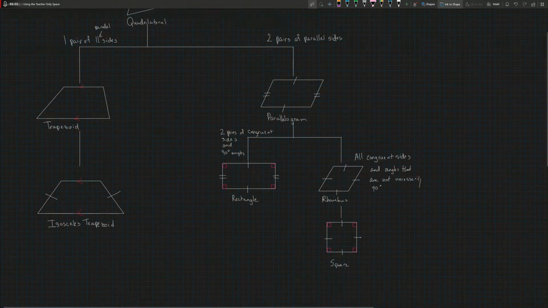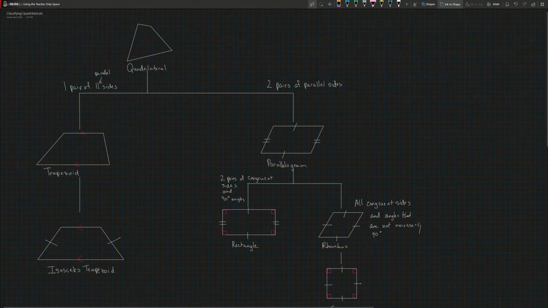However, it is not correct to say that a rhombus has to be a square. But it is correct to say that a square is a type of rhombus. Same thing as saying that a square is a type of parallelogram, but a parallelogram is not necessarily a square.